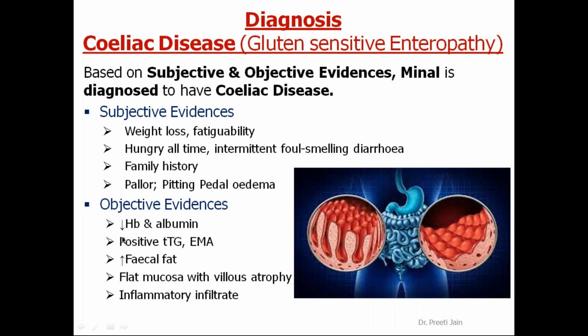There was decreased hemoglobin, decreased albumin, positive antibodies, an increase in the fecal fat, and flat mucosa with villus atrophy showing an inflammatory infiltrate, right? All these things have led you to diagnose this patient's illness to be celiac disease or gluten sensitive enteropathy.